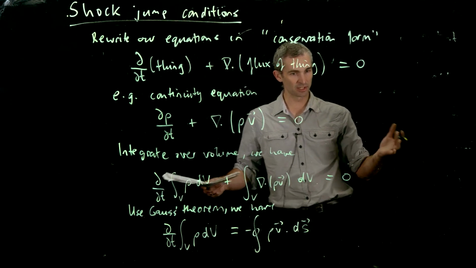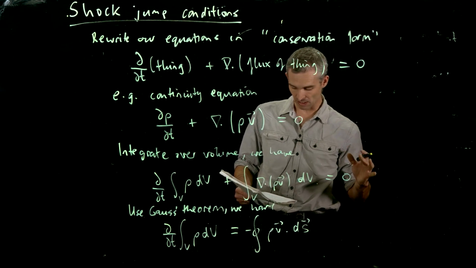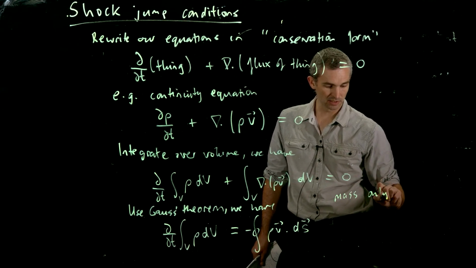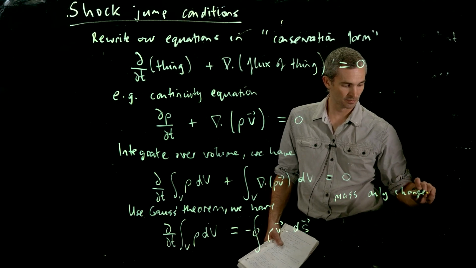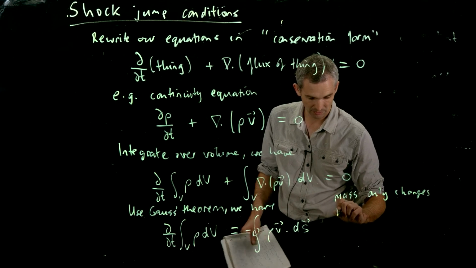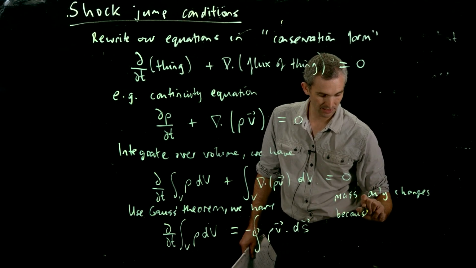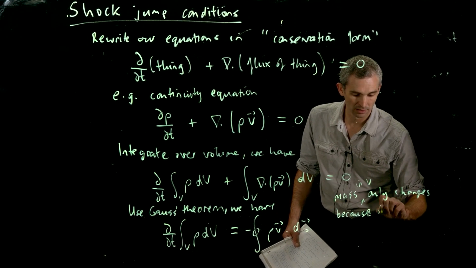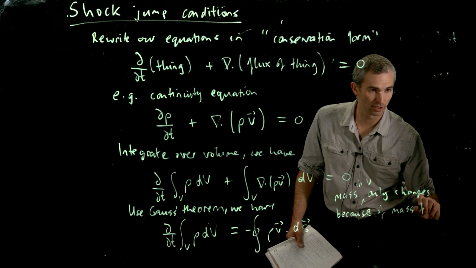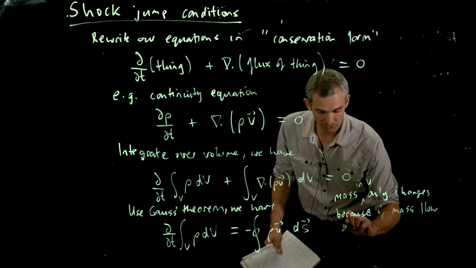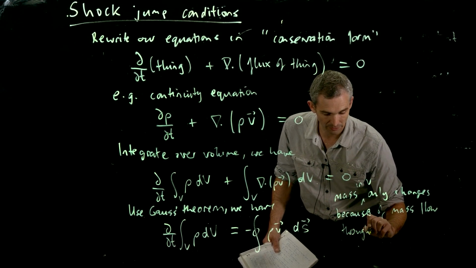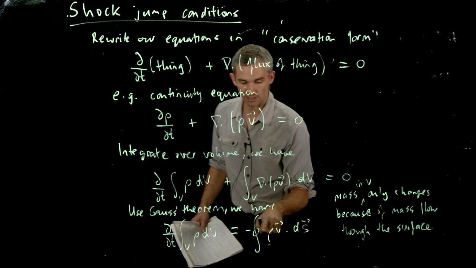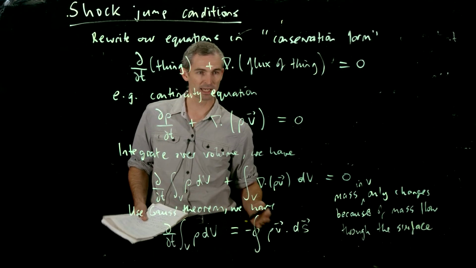So this expresses physically what we were trying to express, which is that the mass in a volume only changes because of mass flow through the surface, so in or out of the surface. So if the velocity is 0, there's no flow through the surface, then the mass in the volume doesn't change.